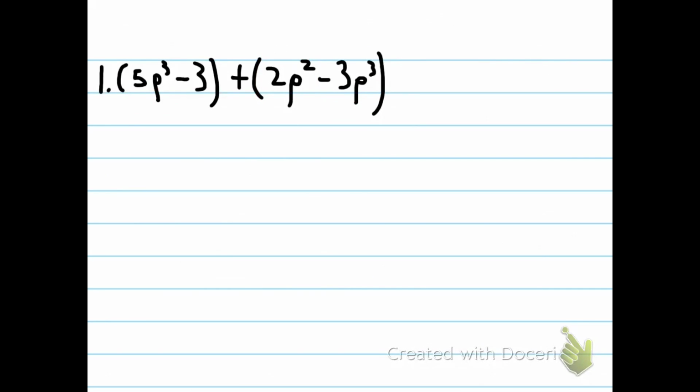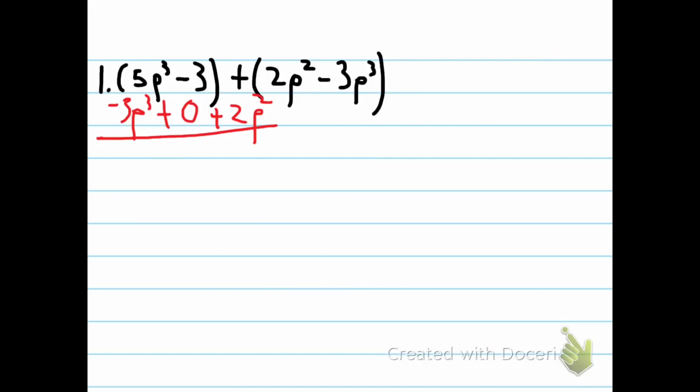Another way that you can solve it is you can line each term up with one another, so you can write it like -3p to the third plus 0, because there is no term that goes with -3, and then plus 2p squared. So you can also add it going up and down.